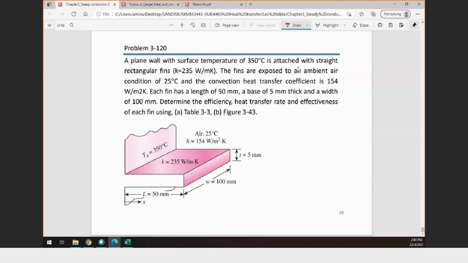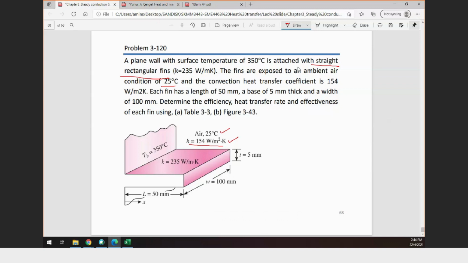They did not mention the material, but they give you the value of thermal conductivity, 235 watt per meter Kelvin. This fin is exposed to the ambient air, meaning the surrounding air at 25 degrees Celsius, and the convection heat transfer coefficient is 154 watt per meter squared Kelvin, meaning this is the h value.